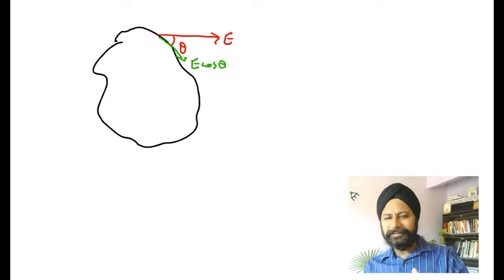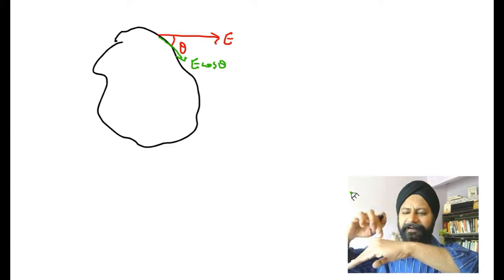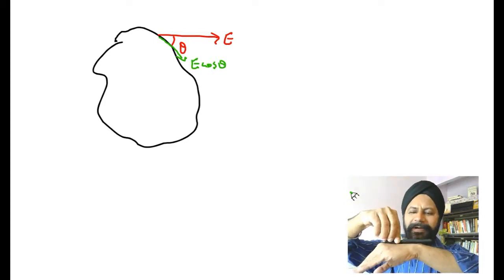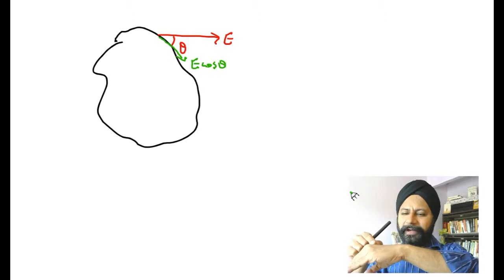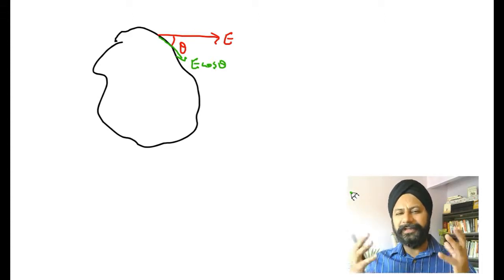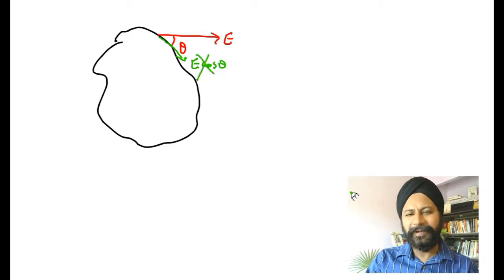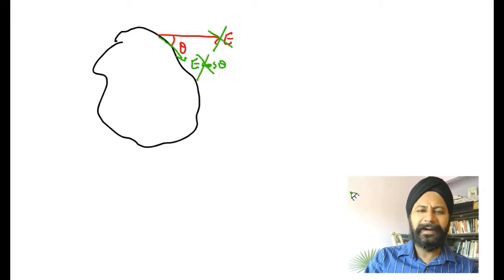But if there is an E cos theta, some electric field on the surface of the metal, going this way, then electrons will say, okay, we are getting a push backwards, and they're going to push back. So they will go to the other side and make sure that with all this rearrangement there is no electric field, because if there is an electric field, those charges will keep moving. So eventually this will be gone, and this is no longer inclined, and the field will always be perpendicular to the metal surface.